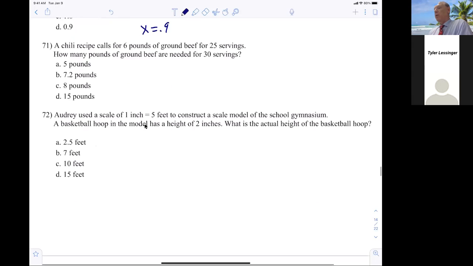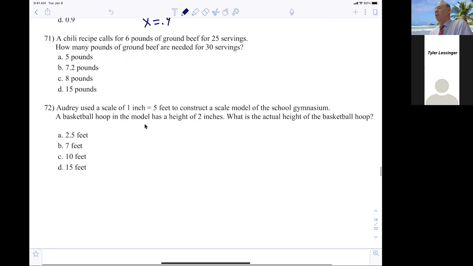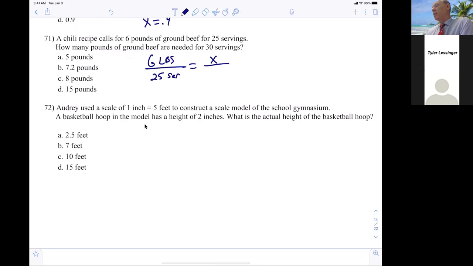All right, number 71. A chili recipe calls for 6 pounds of ground beef for 25 servings. How many pounds of ground beef for 30? So I have 6 pounds to 25 servings. Now I write it like that so you can see the proportion. 6 pounds, we don't know, x, is to 30.